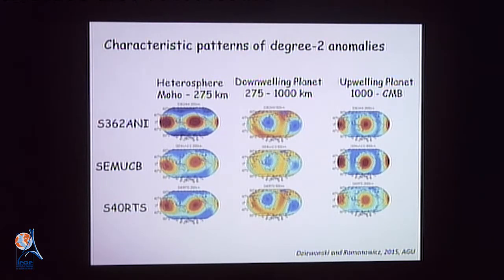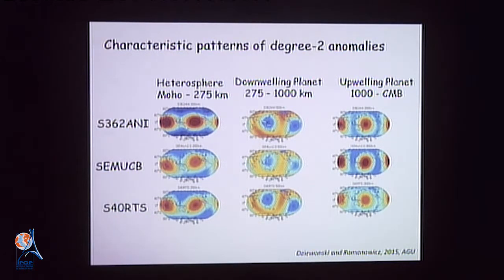And in fact, if you filter the models at what we call degree 2, so the longest wavelengths of heterogeneity, and we're comparing here our current model, a sophisticated model developed with the spectral element method, with two more classical models, this one from Harvard, this one from Ritsema et al., you can see this difference in the planform of these long wavelengths between the first 300 kilometers, the next chunk of the mantle down to 1,000 kilometers, and then there's a shift if you compare to the last 2,000 kilometers, the lower mantle.